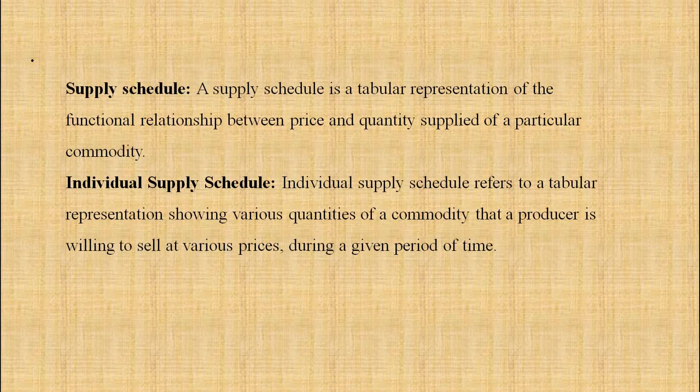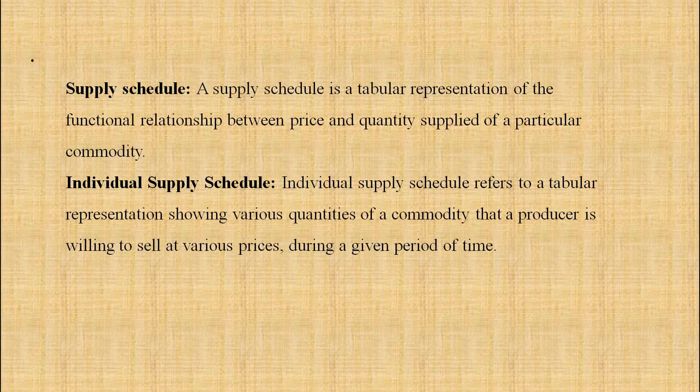Now understand how we can explain this with the help of supply schedule and individual supply schedule. We will discuss market supply schedule as well and diagram. A supply schedule is a tabular representation of the functional relationship between price and quantities supplied of a particular commodity.